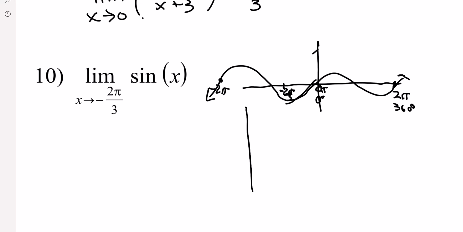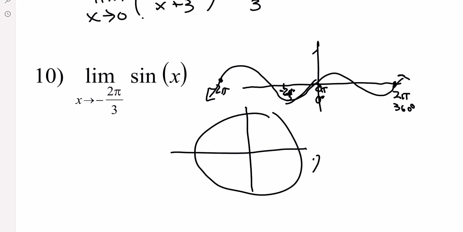Well, on the unit circle, remember when you go negative, you go that direction. So this is pi thirds in the positive direction. This is 2 pi thirds. So in the negative direction, this would be -pi thirds.